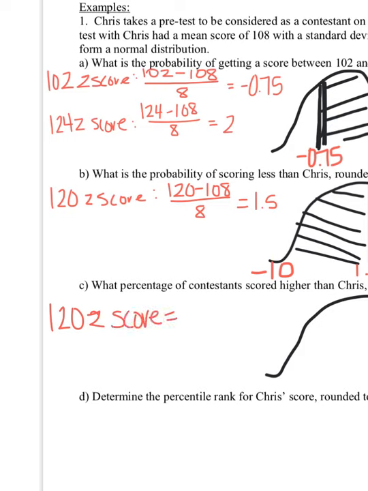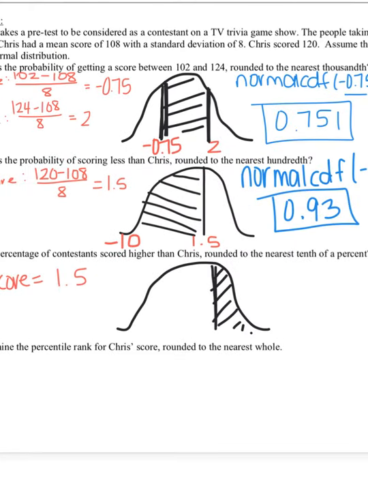So if his z-score was 1.5 before, it's 1.5 again. So this is at 1.5 standard deviations above. But now, that's your lower boundary. Lowest would be Chris's score, and then highest being going all the way up. So there is no upper boundary.